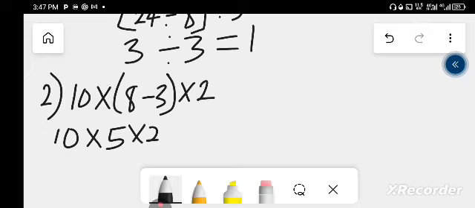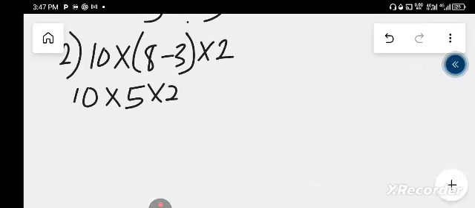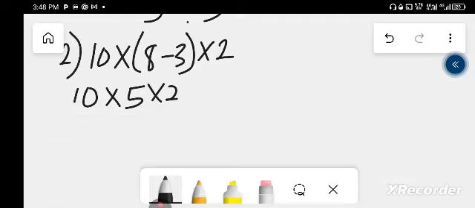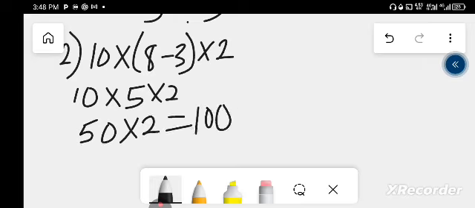We can decide to solve 10 times 5 first, or 5 times 2 first, any one, since it is one operation. So we can say 10 times 5, that gives us 50. Then multiply by 2. That gives us 100. So that is example 2.